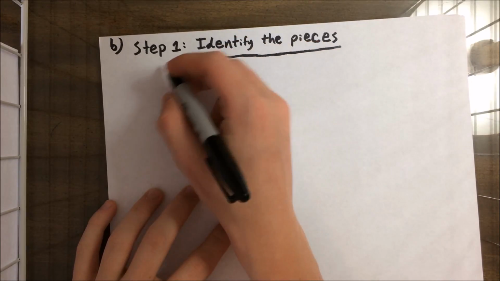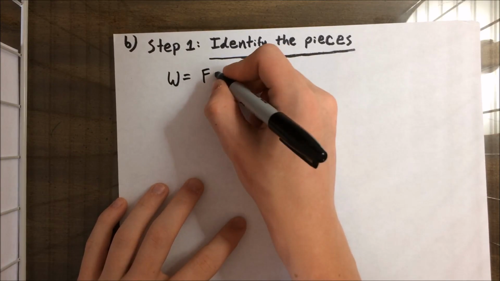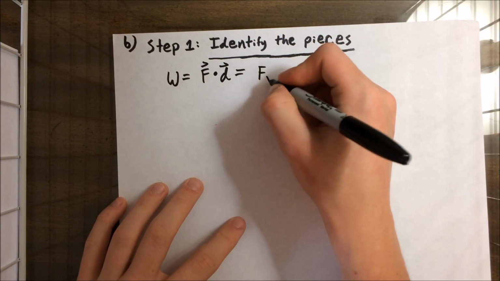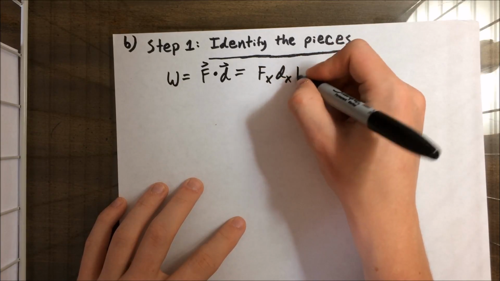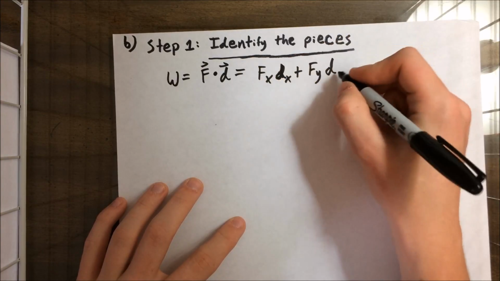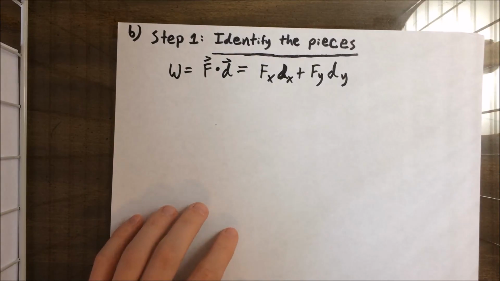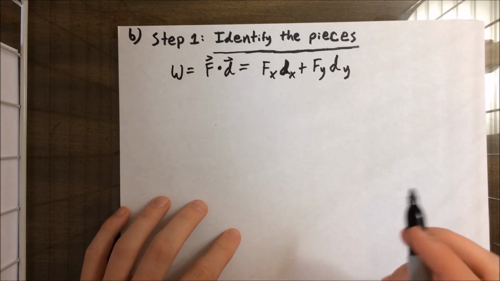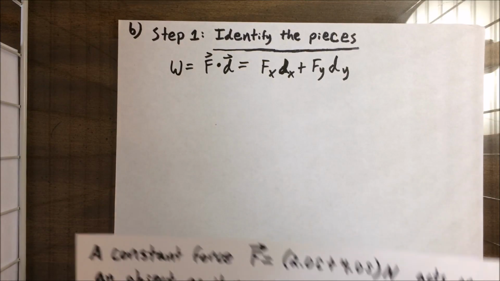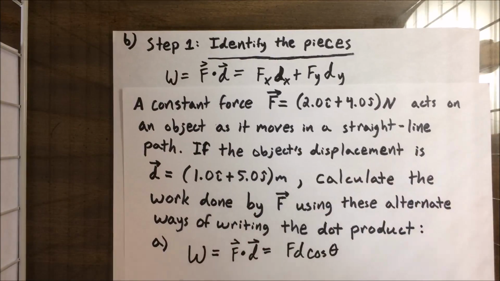So if you remember, it was work is equal to force dot distance, and that's equal to Fx dx plus Fy dy. Okay, so then let's find our component pieces. And so I'll pull up the original problem for you, so that way if you didn't write it down, you can see it. So it's right there and right there.